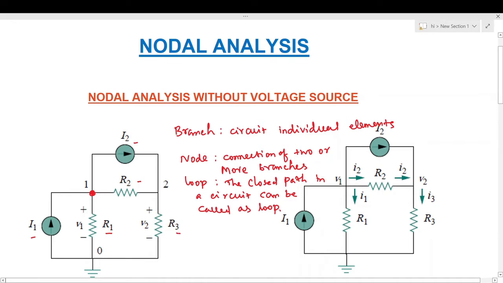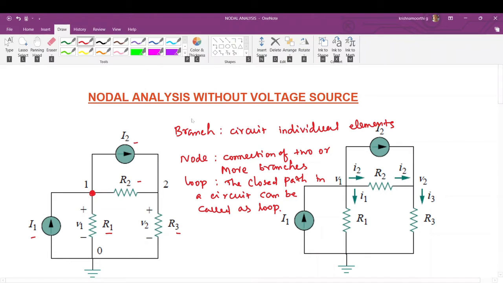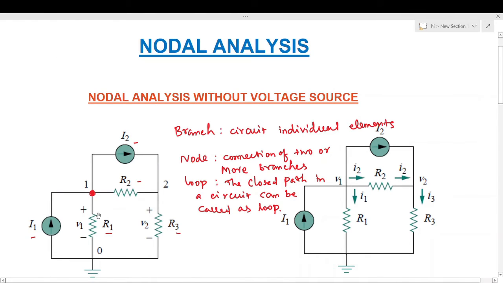Okay, now we will proceed further with nodal analysis without voltage source. In this we have one circuit diagram with two current sources I1 and I2 and three resistor elements R1, R2, R3, which are connected as shown in the diagram. In nodal analysis, we need to follow certain steps for analysis of the circuit.